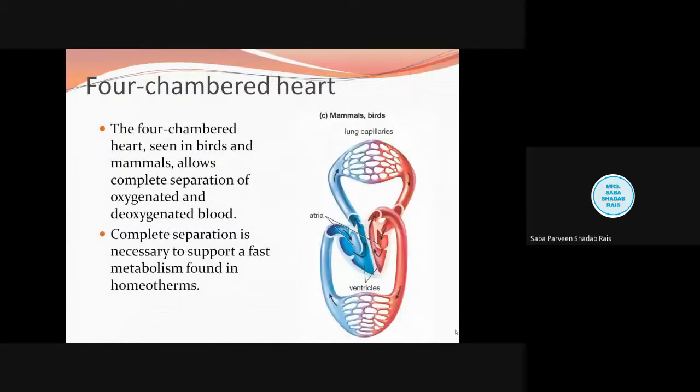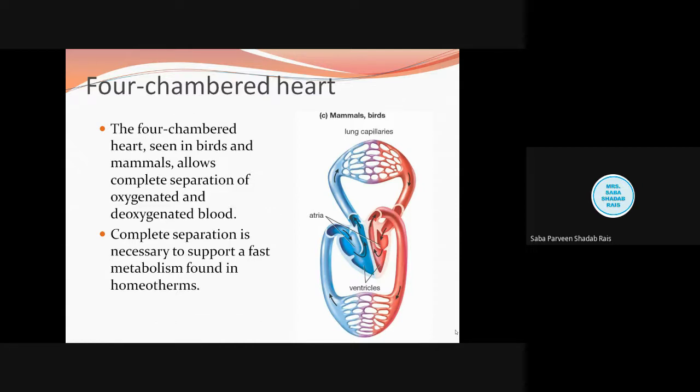As we have discussed earlier, this type of heart will be observed in the birds and the mammals. Now, the main advancement is having the proper fourth chamber.